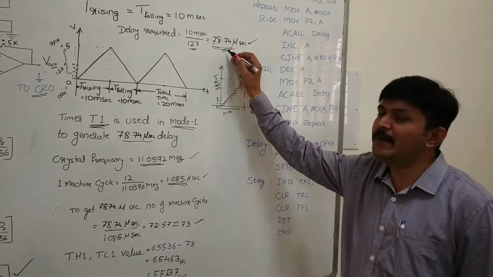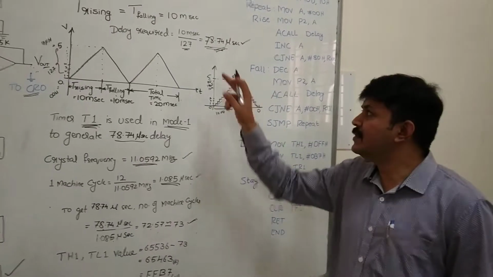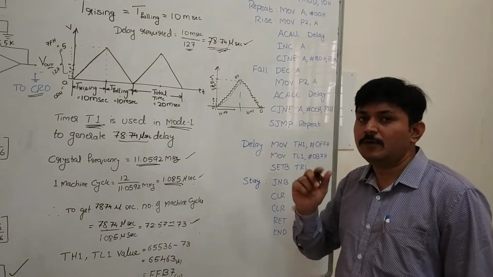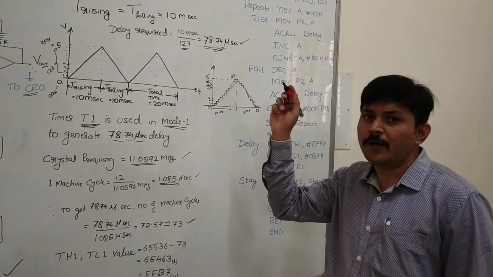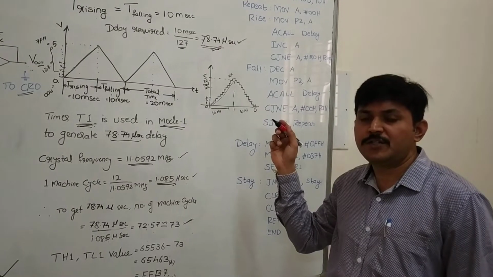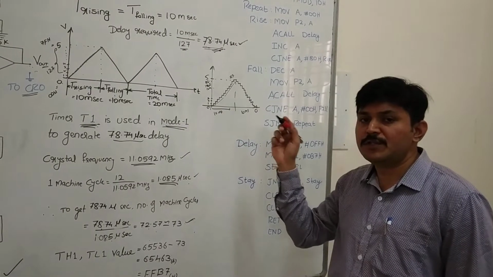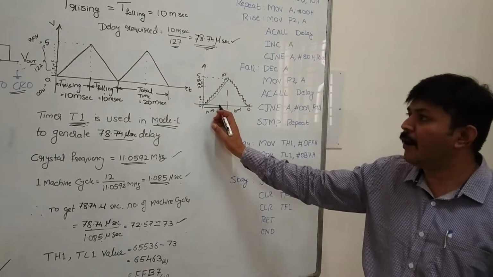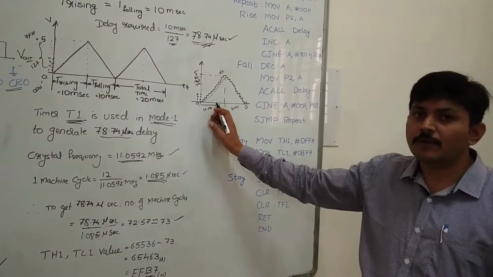Okay, this is the delay between each voltage level. This is the delay between the 127 voltage levels to rise the edge to 5 volts and to make the edge fall to 0 volts, between 0 to 5 volts. Okay, this is the calculation and the concept behind how the triangular wave is generated out of the DAC IC.